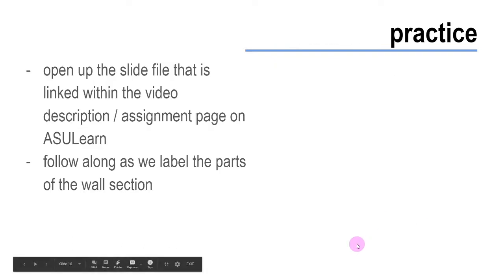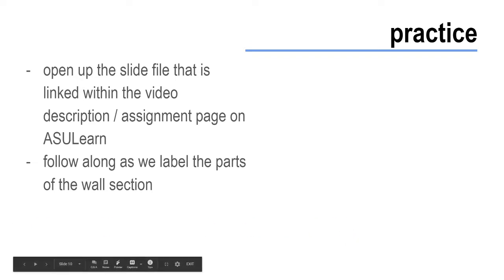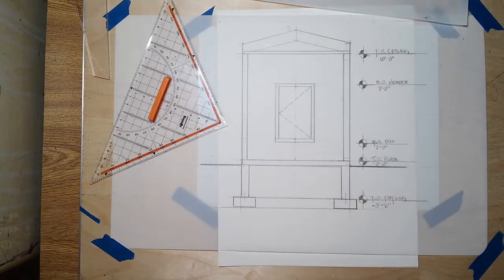So for this practice, this one isn't going to involve creating any drawings, but in the assignment file, there's a link to it in the description below, or you can go on the assignment page on As You Learn. There is a wall section with just some blank text boxes, and we'll follow along as I walk through and label some of the parts.